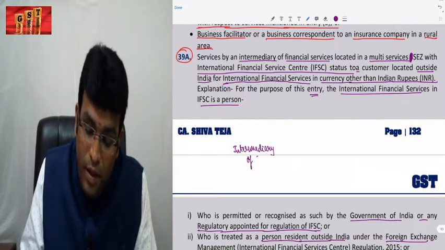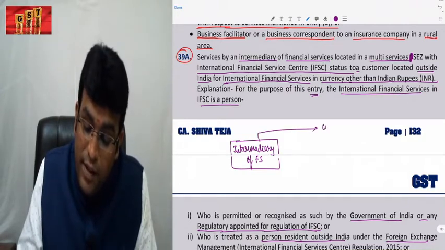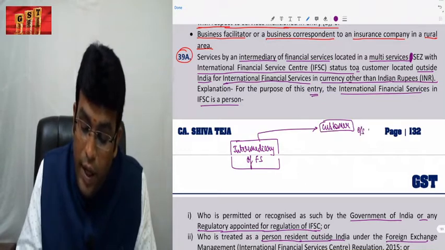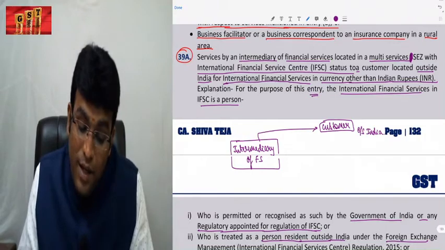an intermediary of financial service is providing service to a customer who is outside India. And what service is being given, my dear friends?